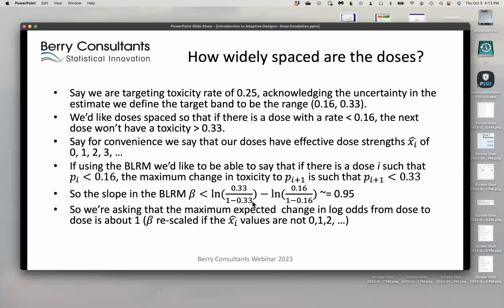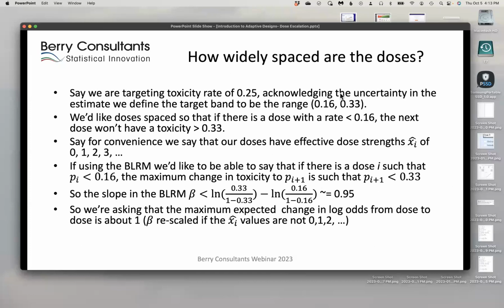The other question about the doses is to ensure that they're confident that the spacing between the doses is correct. So say you're targeting a toxicity rate of 0.25, and maybe what we've set up as our target toxicity band is a range from 0.16 to 0.33. These are typical examples in the literature.